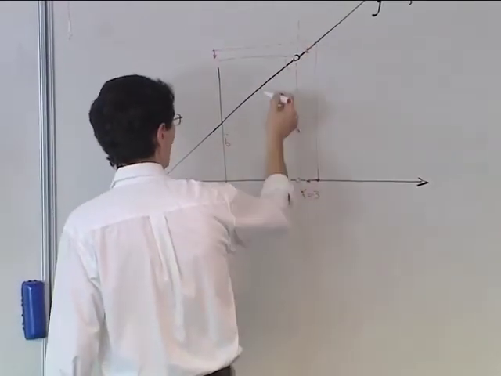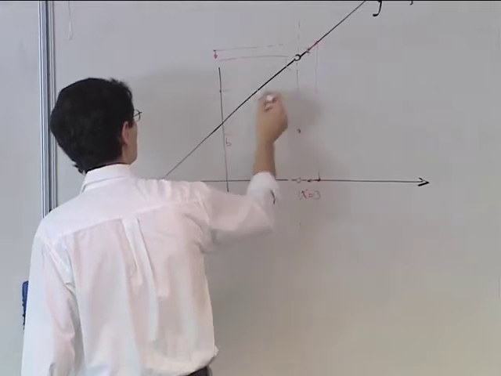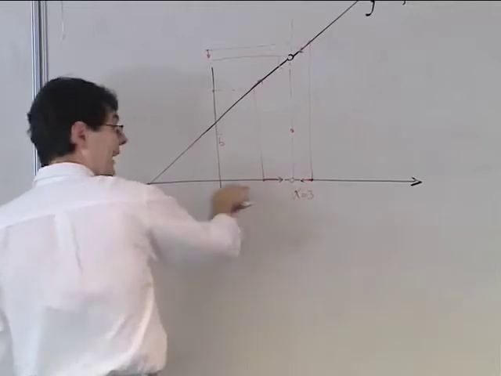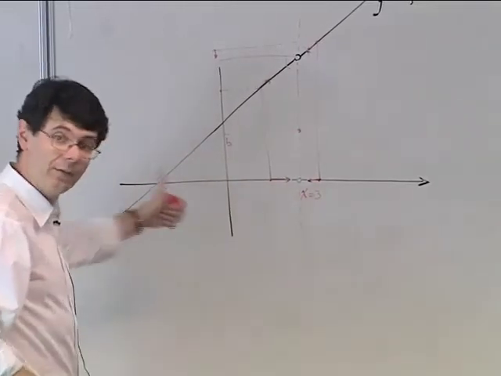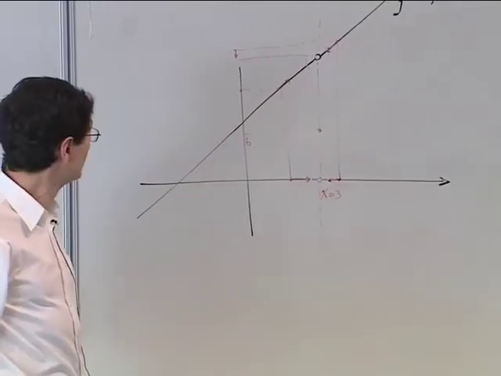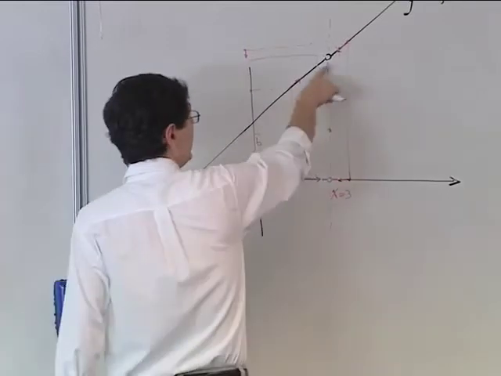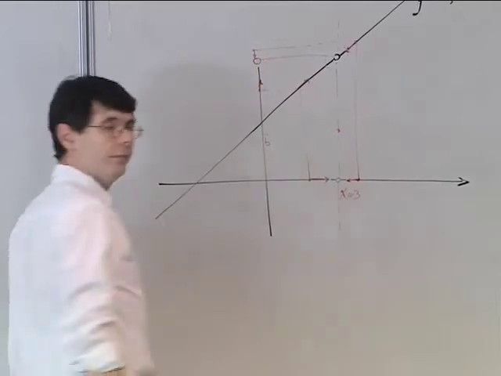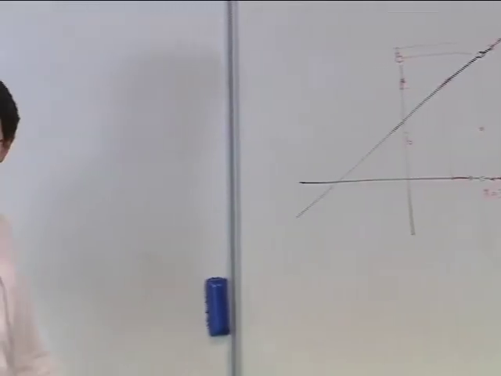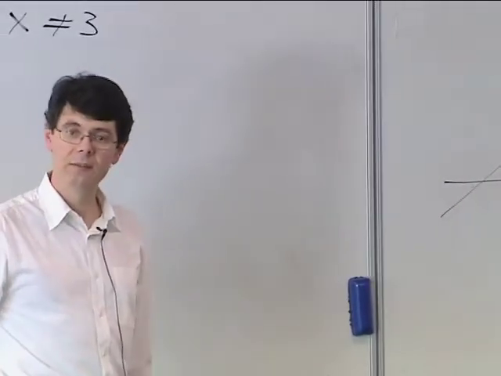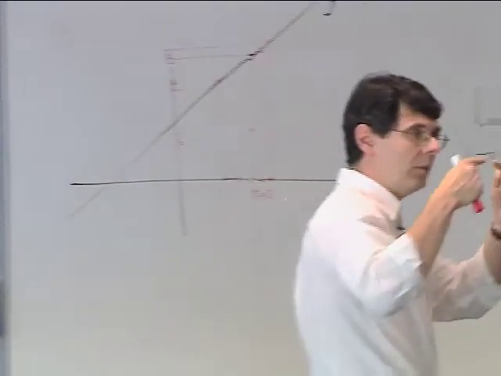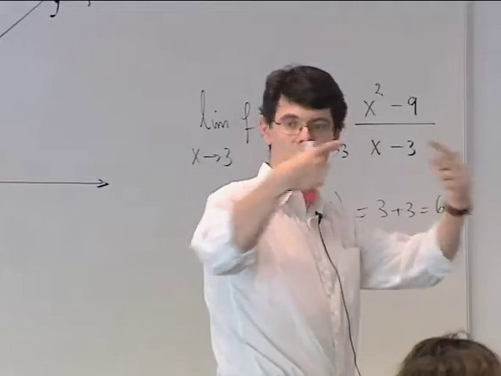If I'm here, and approaching 3 from the left now, the values are increasing towards the gap. You're increasing towards 6. And from both sides, you go to 6. That's what it means to be one piece. Right? If it's really one piece, both sides have to go to the same spot.